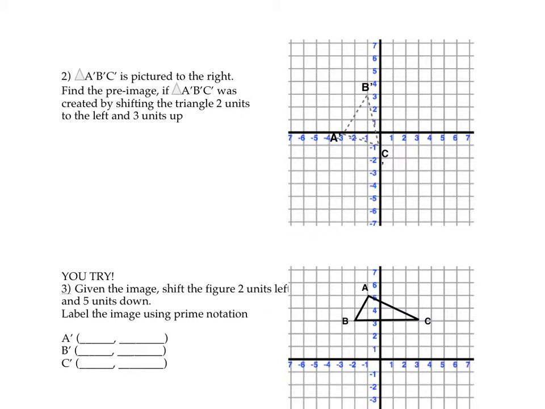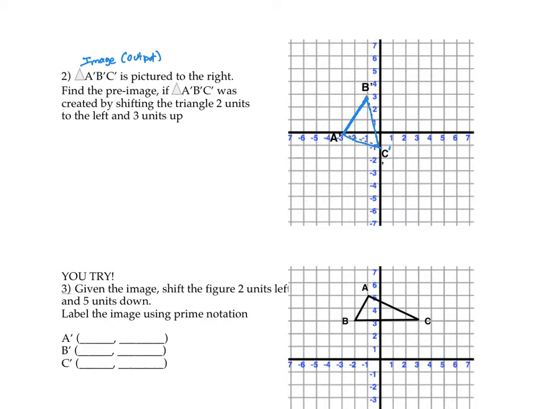Okay, in our second example, if you notice, we have A prime, B prime, and C prime. I'm just going to darken this in to make this little triangle a little bit easier to see. Okay, the little prime notation got knocked off there on the C. So we have A prime, B prime, C prime. So we have an image, or the output.